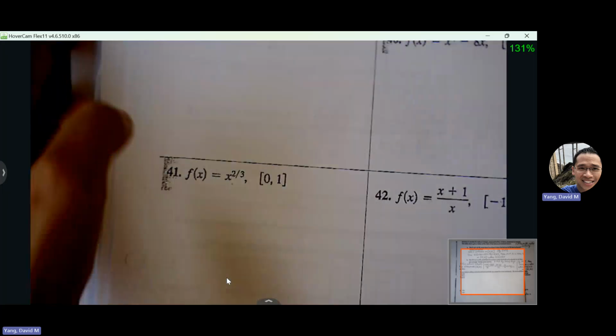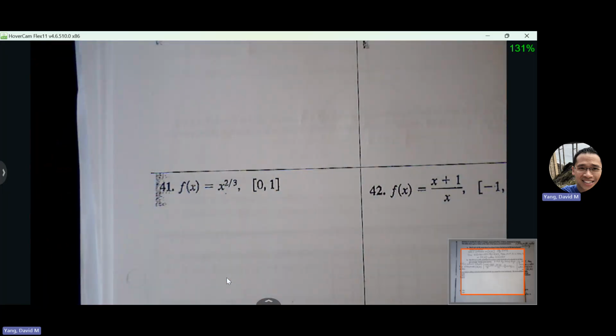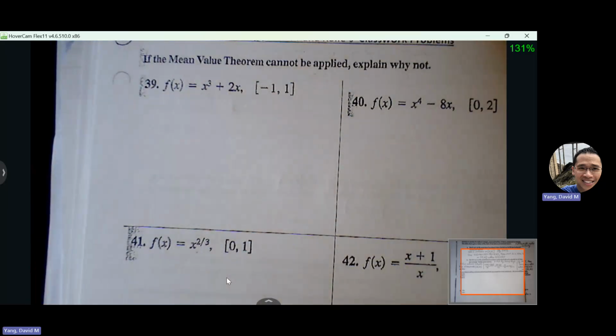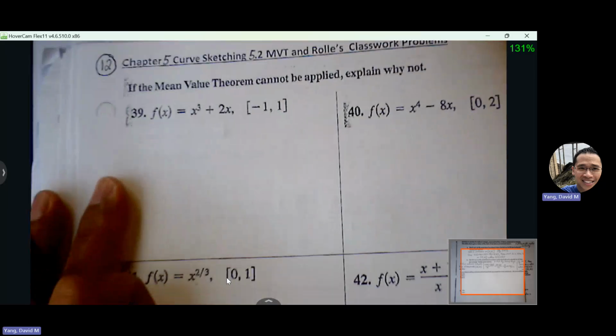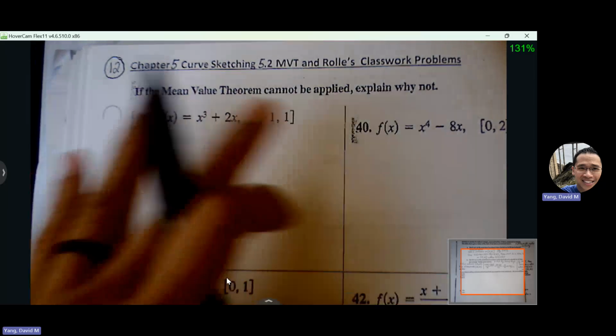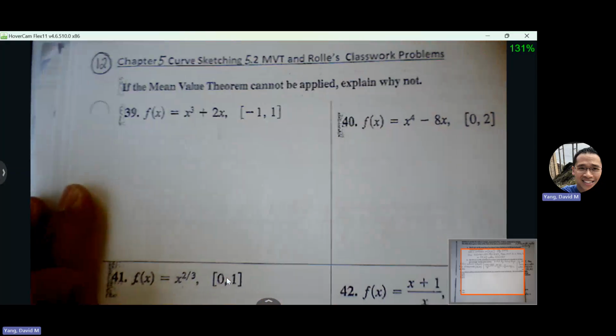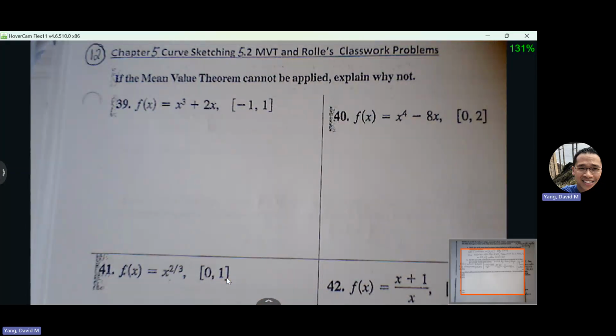I just want us to practice the process, practice the steps, so that it can make more sense. We have another theorem called Rolle's theorem, but Rolle's theorem is just a variation of mean value theorem. I think mean value theorem is more important. So if we don't get to Rolle's theorem, it's not a big deal. We can do that later.